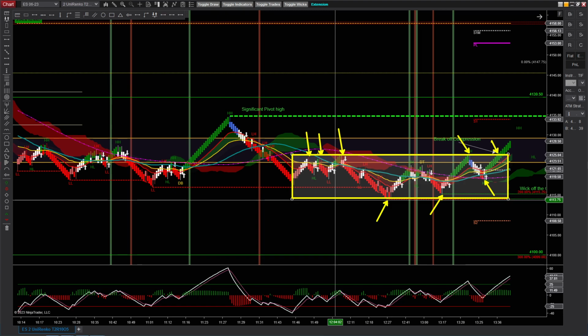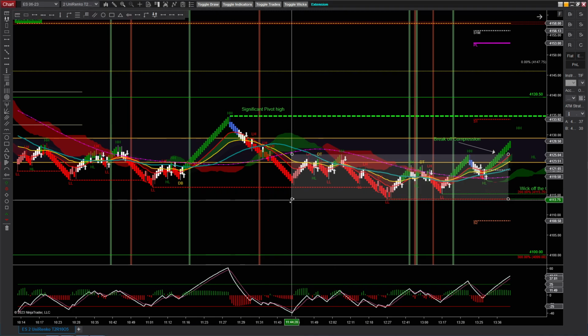Okay, and this one is still within this demand zone, and below that significant pivot high, right? This one is significant because there's a really nice move from here to there. Not that big, but enough for me to mark it as significant.